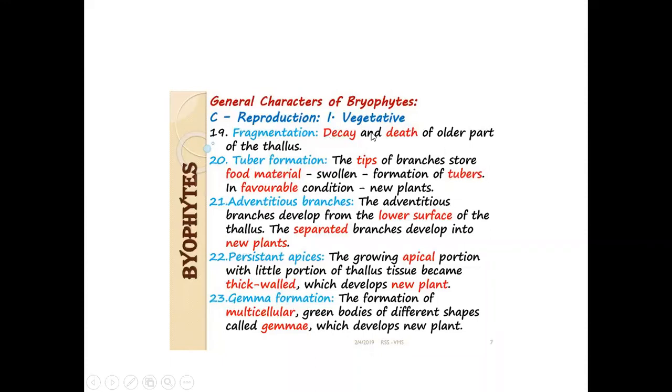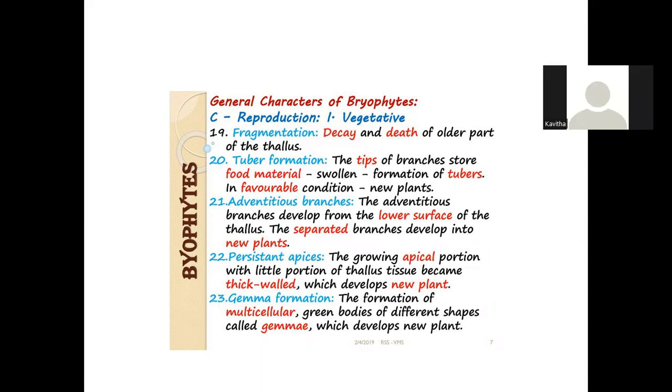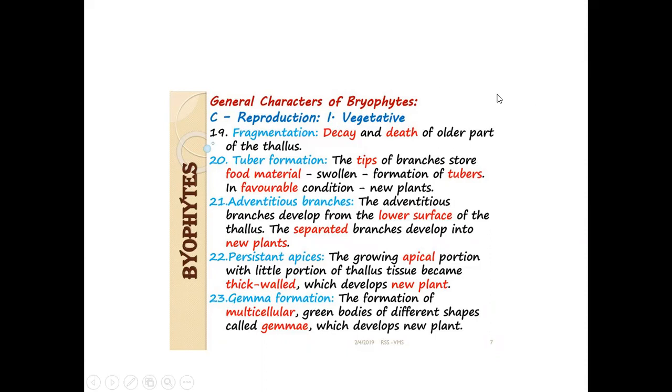Fragmentation means any part of the mother plant, the original adult plant, if it is separated, or through the death and decay of the mother plant, the main thallus, if a part is separated from the main plant, that part will gain the capacity to develop into a new plant. From the separated part a new plant is formed. That is called fragmentation.